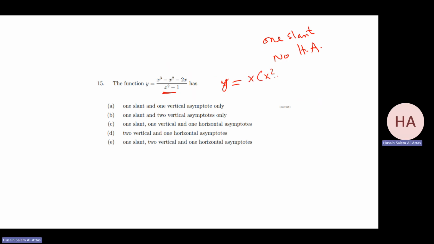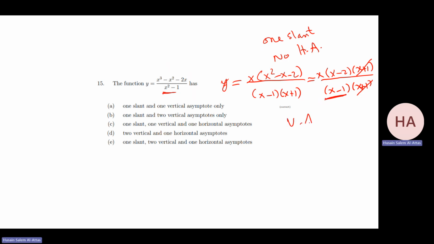I have x squared minus x minus 2 over x minus 1 times x plus 1. And that gives me x minus 2 times x plus 1 over this. Since this one cancelled, I have a hole there. So we have a vertical asymptote only at x equals 1. So I have one slant and one vertical asymptote.